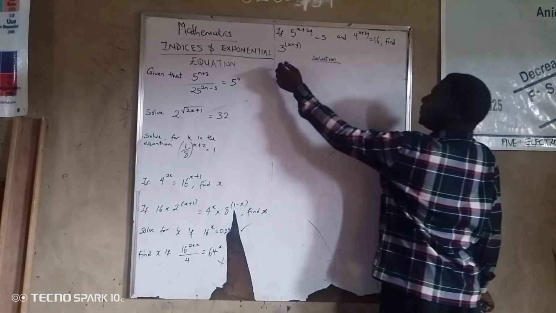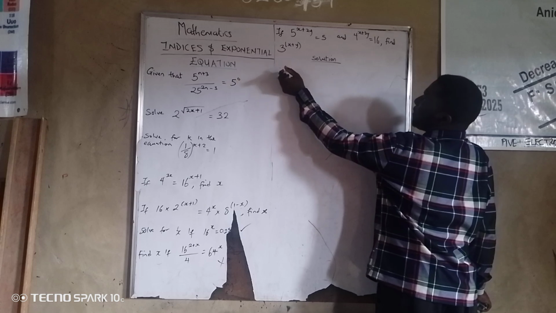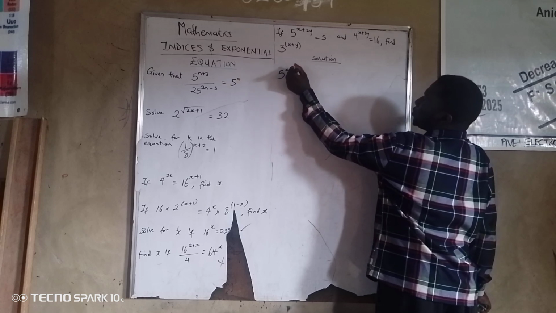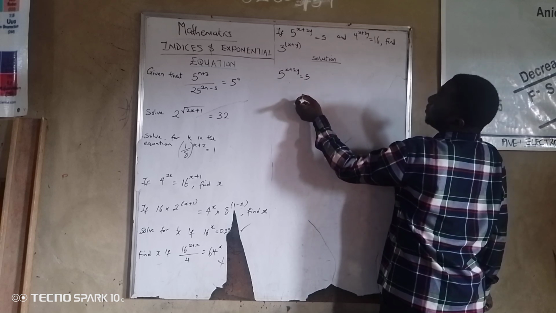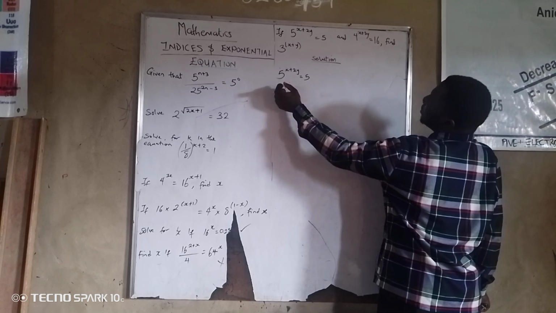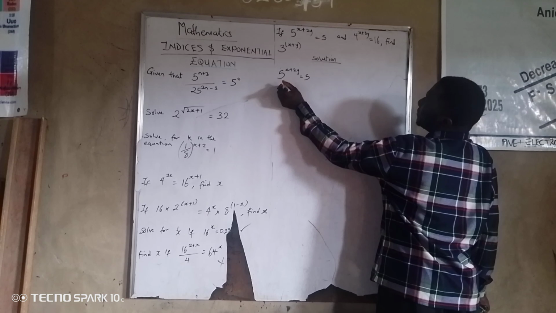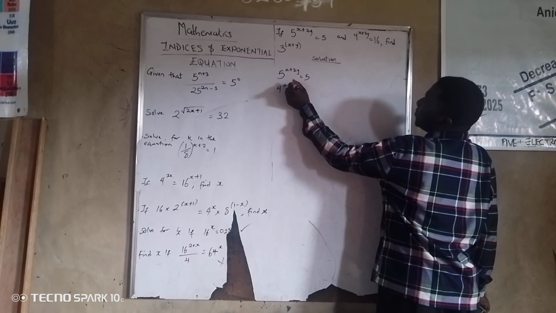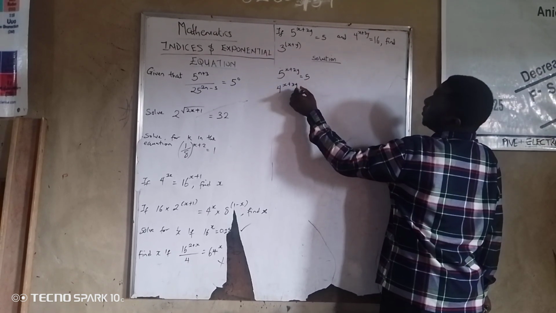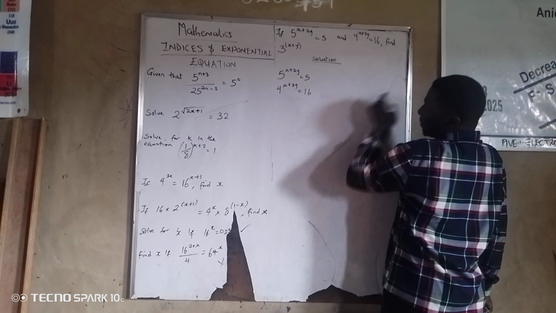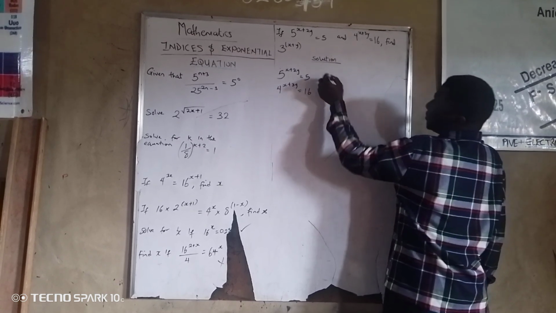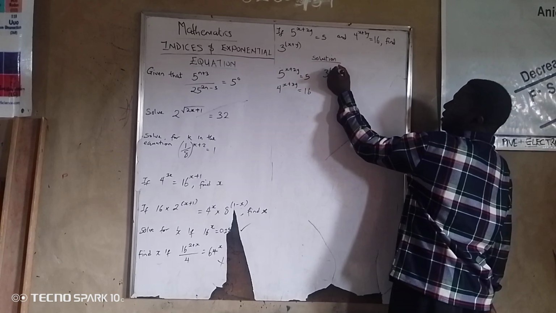It said if 5 raised to the power x plus 2y is equal to 5, and 4 raised to the power x plus 3y equals 16, we should find the value of 3 raised to the power x plus y.